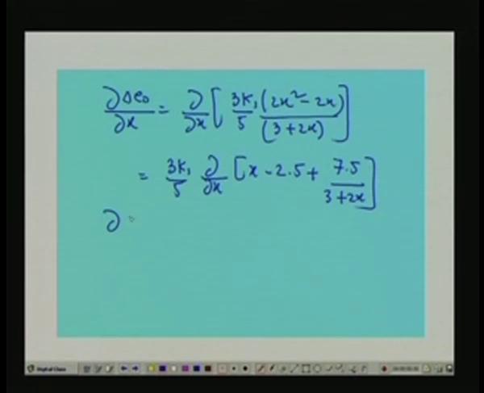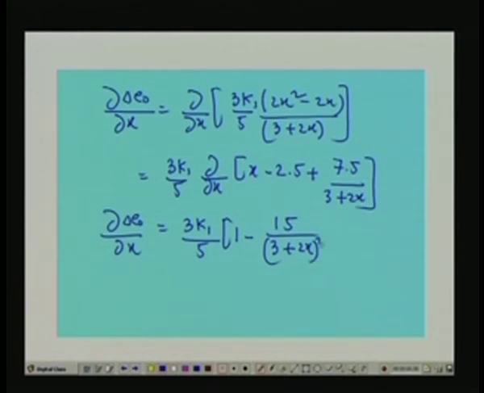So, del delta E naught by del x will become 3 k1 by 5 times 1 minus 15 upon 3 plus 2x whole square.